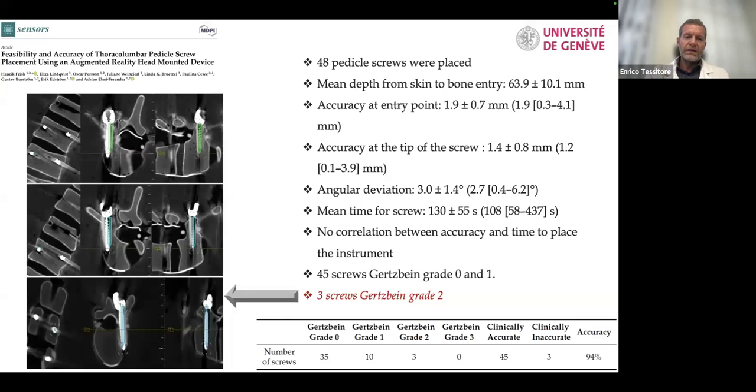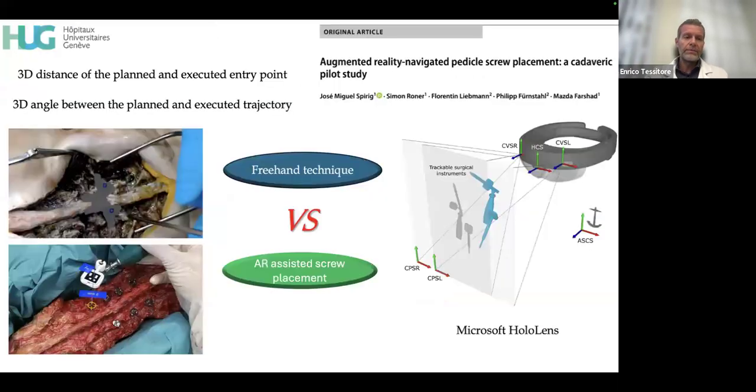So in this specific study, they evaluated the feasibility and accuracy of thoracolumbar pedicle screw insertion, and they inserted 48 pedicle screws. If you look at the Gertzbein-Robbins accuracy scale and grading, 45 out of 48 were graded 0 and 1, which is more or less aligned to the results in terms of accuracy of the standard technology that we have available nowadays.